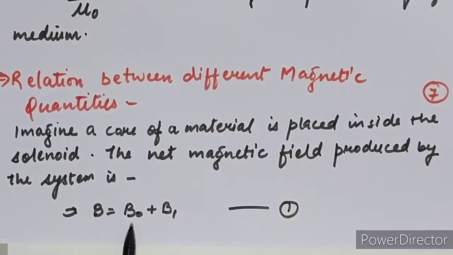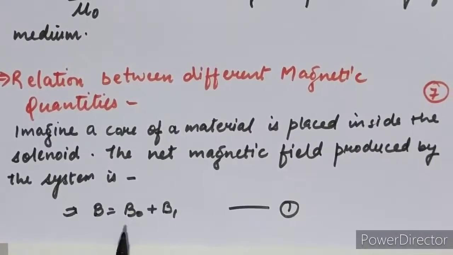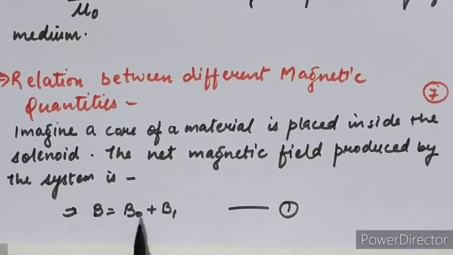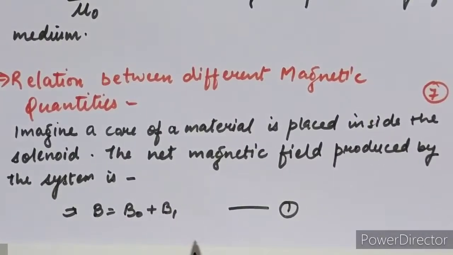In a solenoid we pass a current, so through that current the magnetic field is present, that is B naught. Inside the solenoid a material core is placed, and in that core material a magnetic field is produced. That is different from B naught, that is your B1.